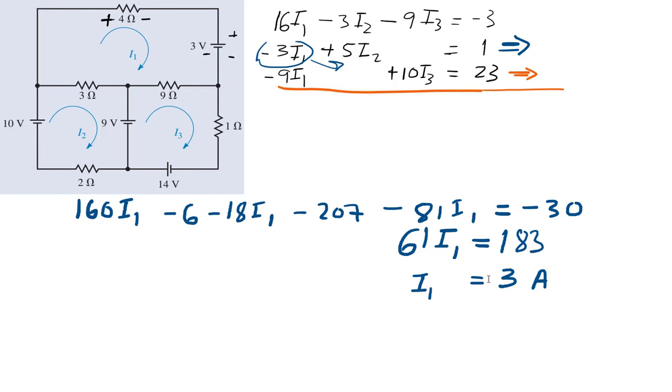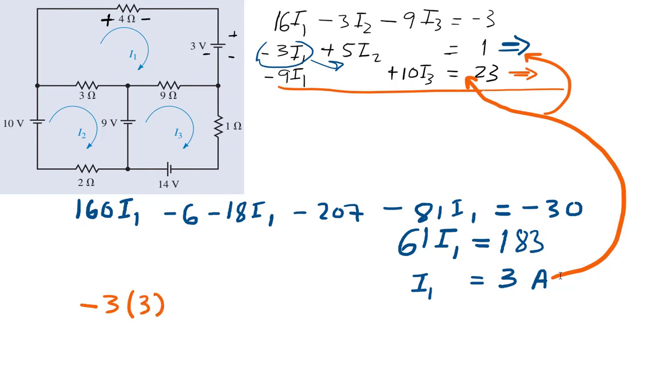3 amperes. Now if we take this result of I1 and substitute it in any of these, here we get I3, substitute this here, we get I2. For instance, for the second one, minus I1 times 3 plus 5 I2 equal 1.